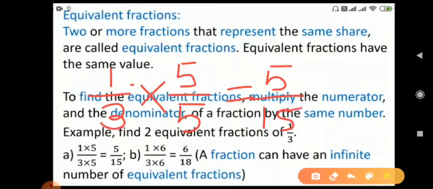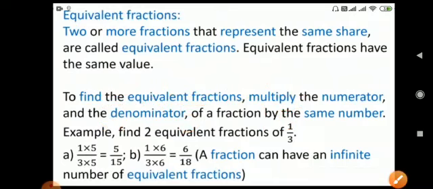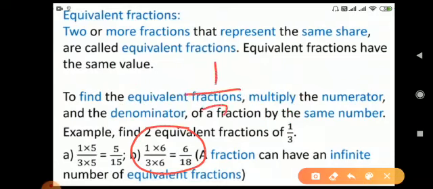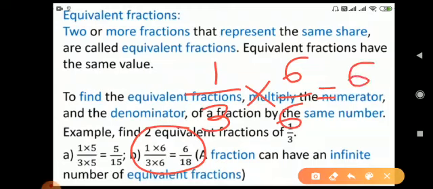Like this. And for another equivalent fraction, I will multiply with 6, means the same number in numerator and denominator. So I will get 6 in the numerator, 6 ones are 6 and 6 threes are 18 in the denominator.